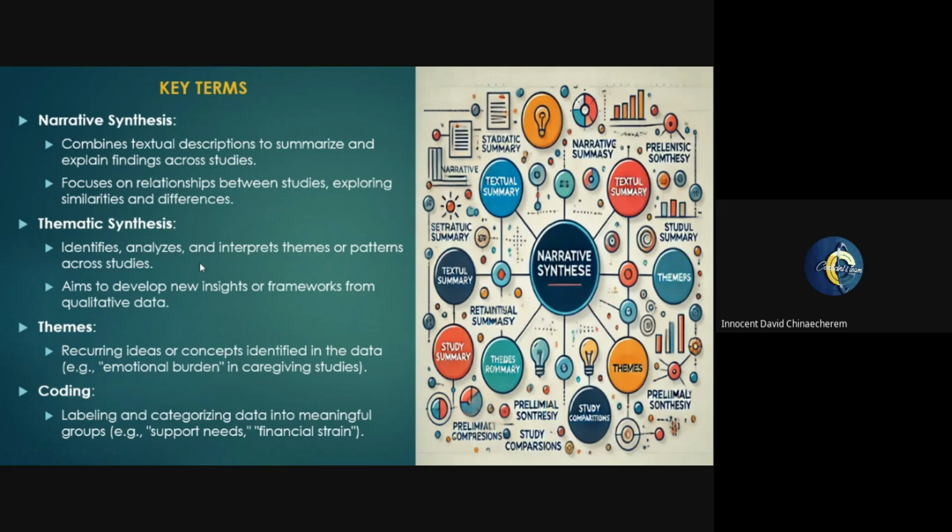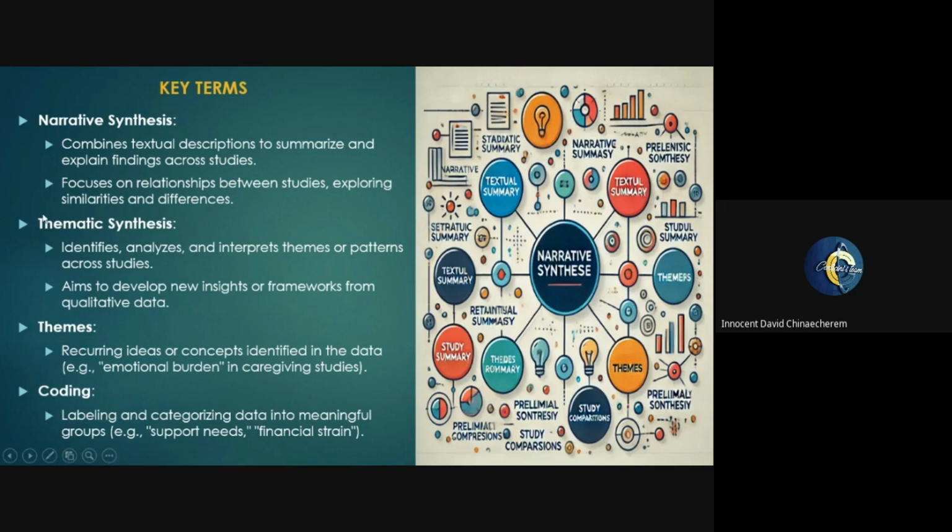I think in our last session we explained it when we started explaining data synthesis in research. We showed some examples of meta-analysis, narrative synthesis, and thematic synthesis. Narrative synthesis focuses on relationships between studies. It looks at the relationships between the studies and explores their similarities and differences.